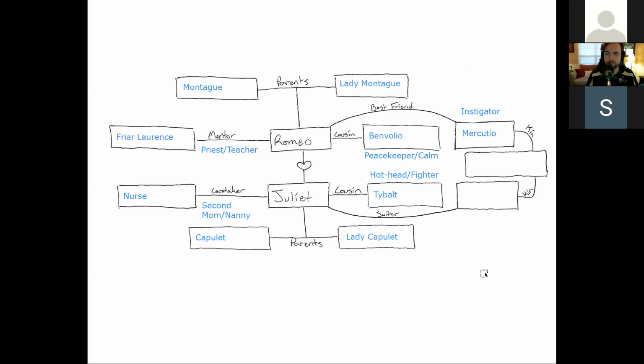All right, so Juliet also has a suitor. Now, a suitor is someone who is possibly in an arranged marriage. So basically, he is looking to marry Juliet without Juliet's input. Right? So this was a pretty common thing at the time.